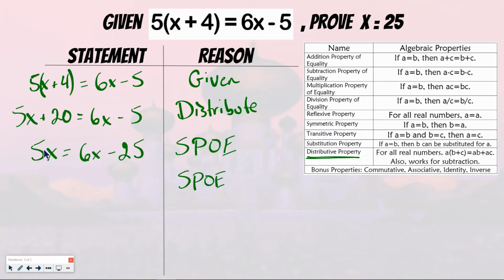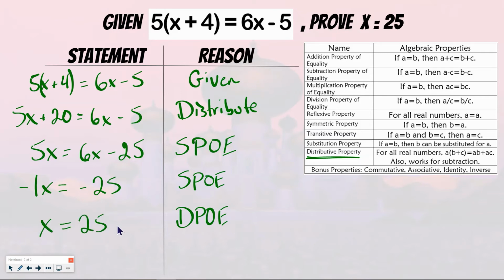I'm going to subtract 6x from both sides, giving me negative 1x equals negative 25. And my last step will be the division property of equality. I'm dividing by negative 1 and dividing by negative 1. That gives me that x is 25. So I have proven the desired statement. And I've justified each of those steps with a property that I know is true for equality.